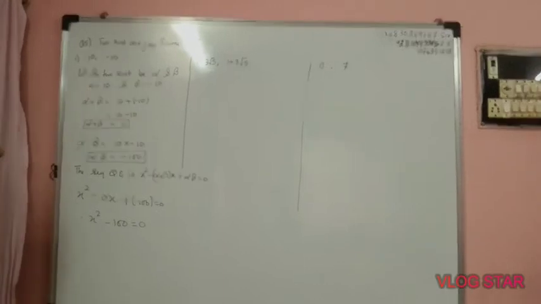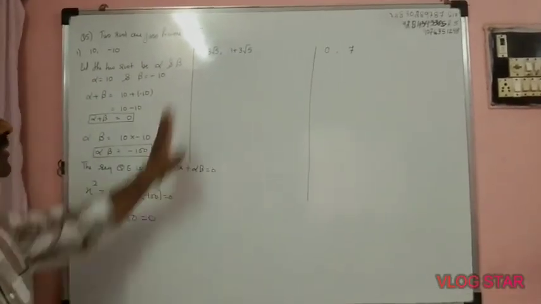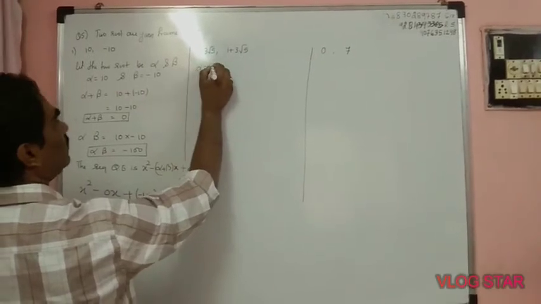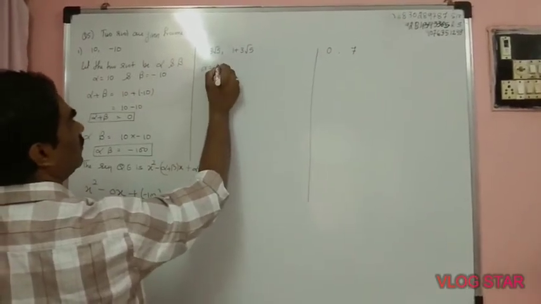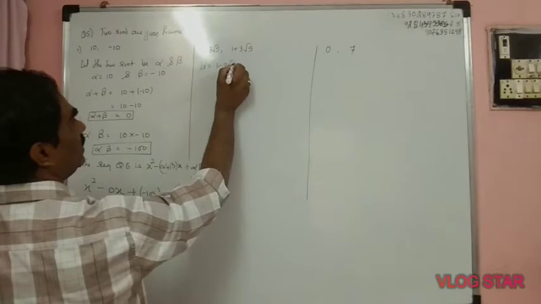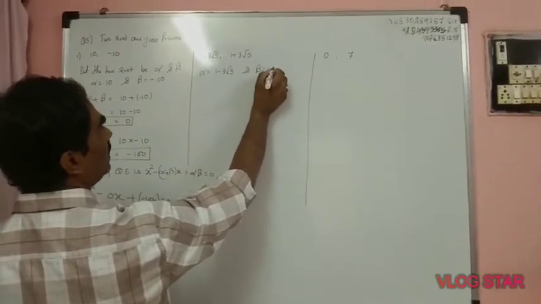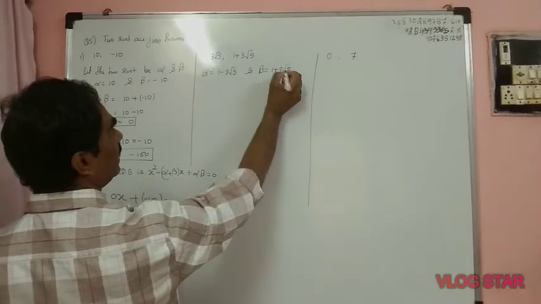Right? Now, when you move to the next sum, here alpha is what? 1 minus 3 root 5. And beta is what? 1 plus 3 root 5. Right?